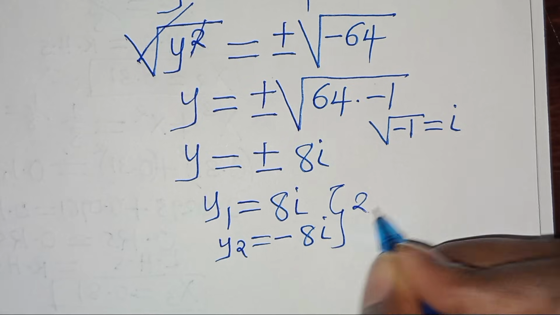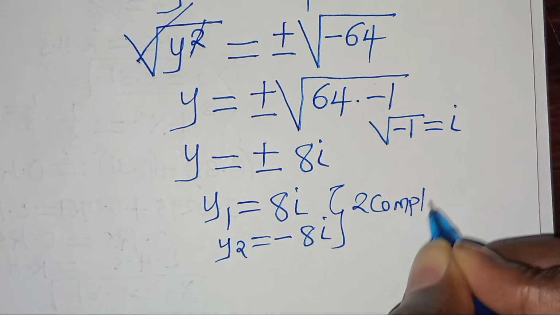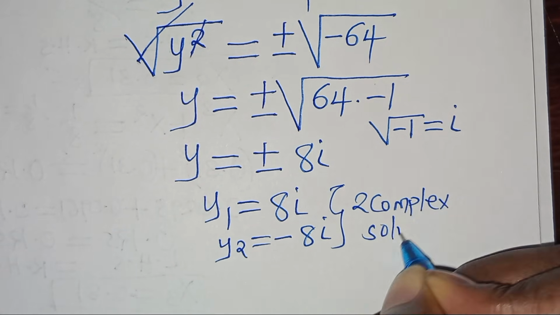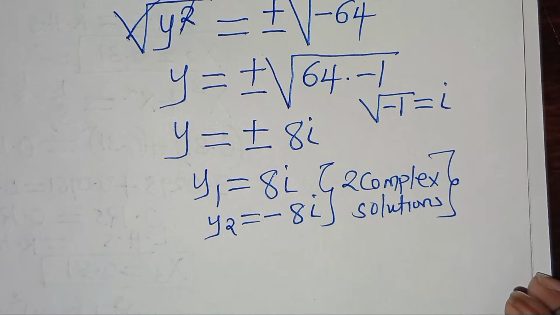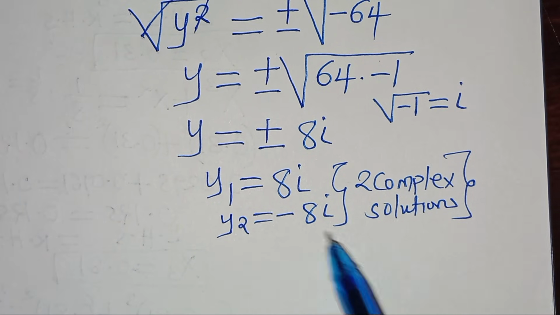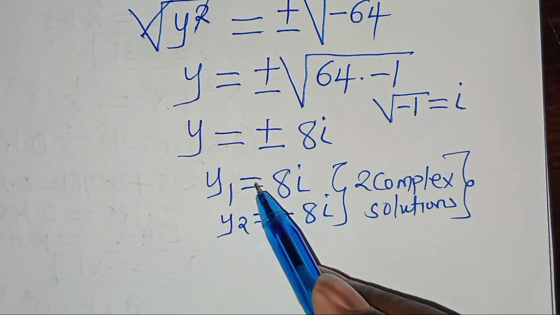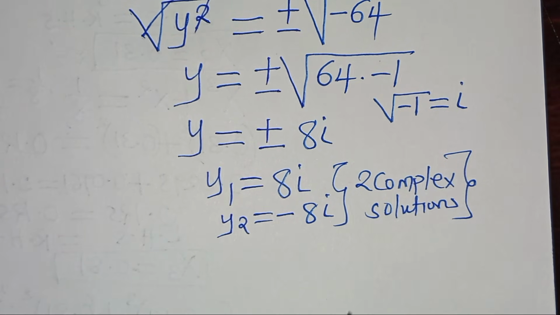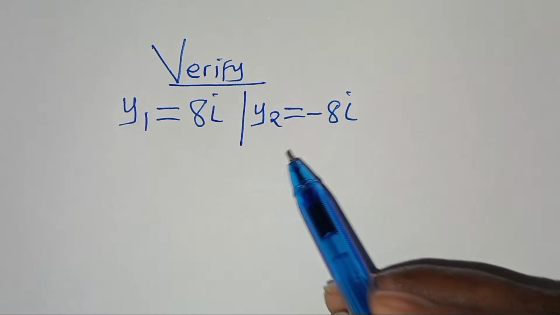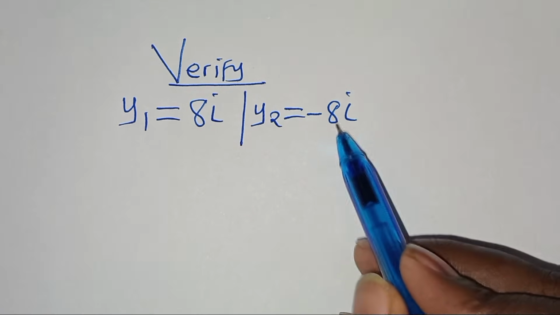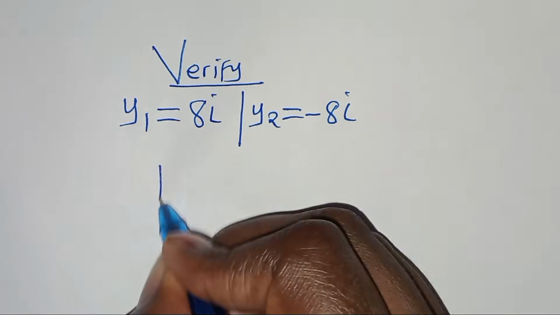Now these are two complex solutions for this algebra problem. The next step is to verify that these two values of y satisfy the equation. Let's verify that y1, which is 8i, and y2, which is minus 8i, satisfy the equation.